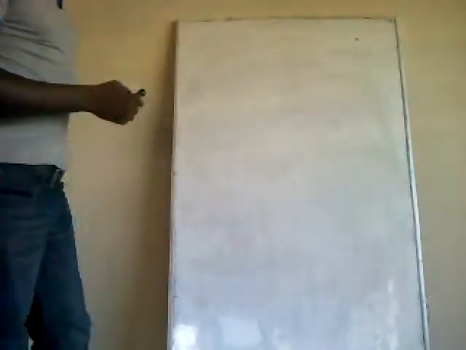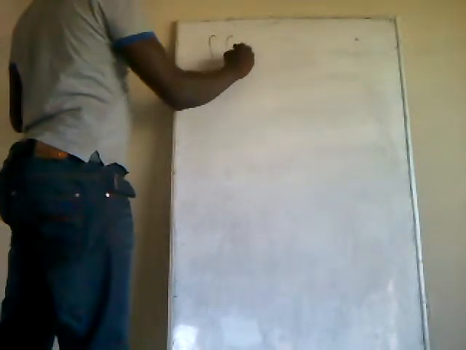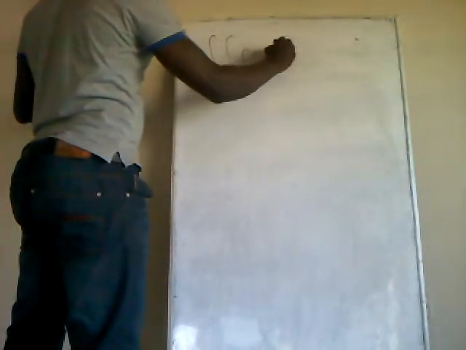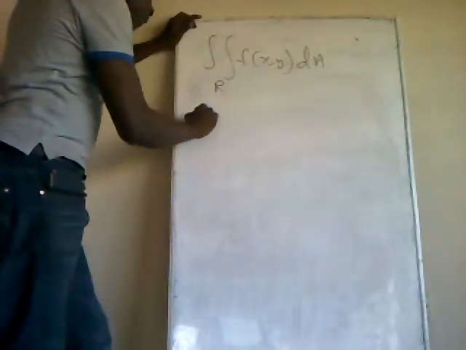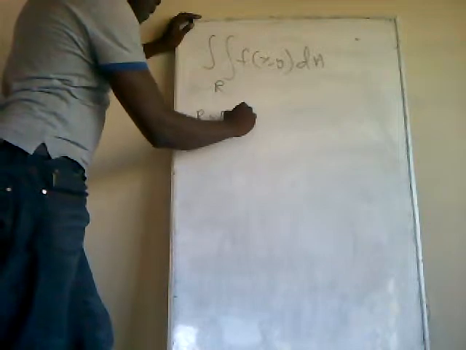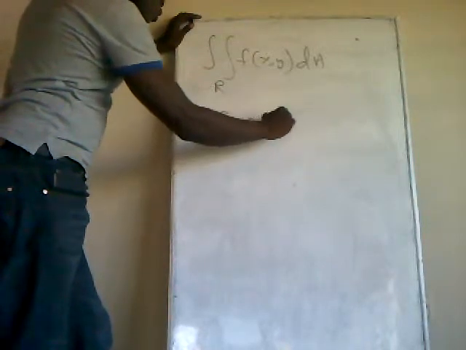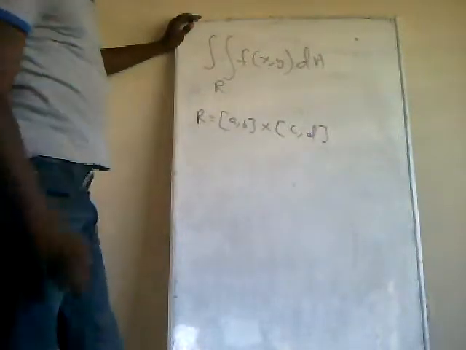Let's move on. If we are integrating over a rectangular region, that is double integral over R of f of x, y dA. Here we will define R to be equal to [a, b] cross [c, d].